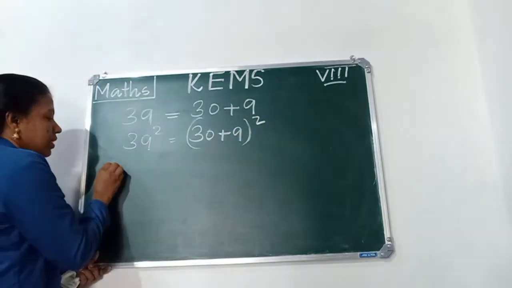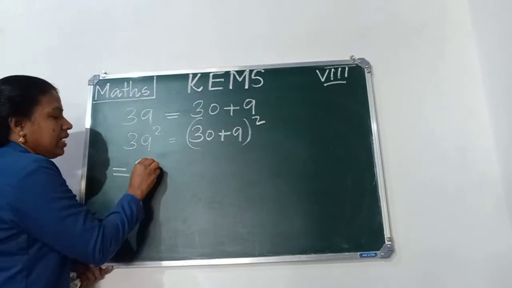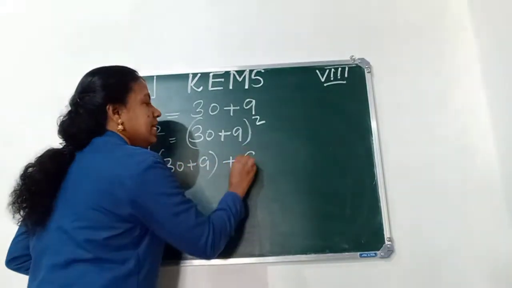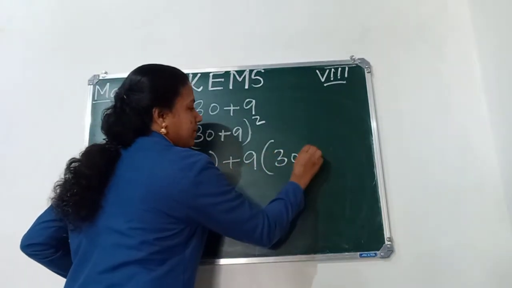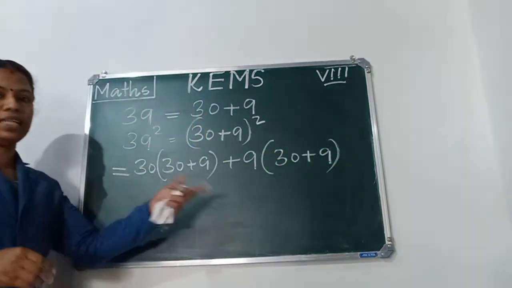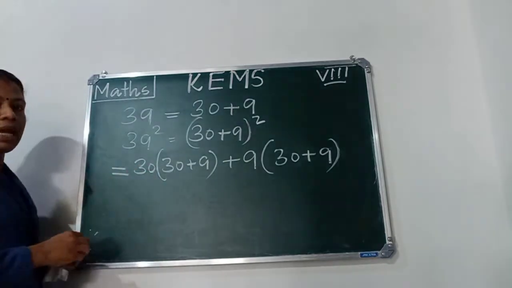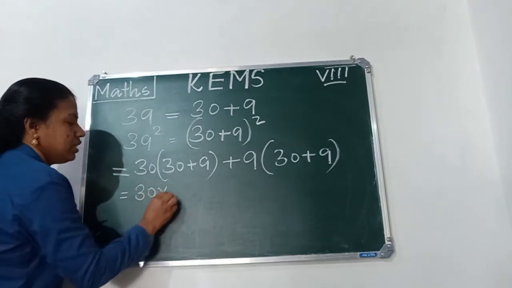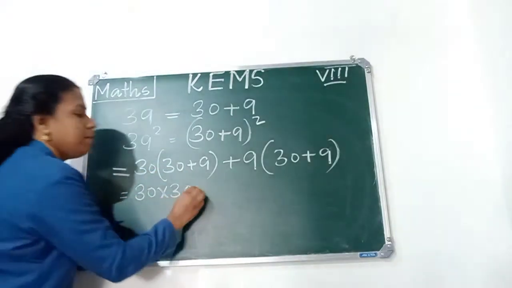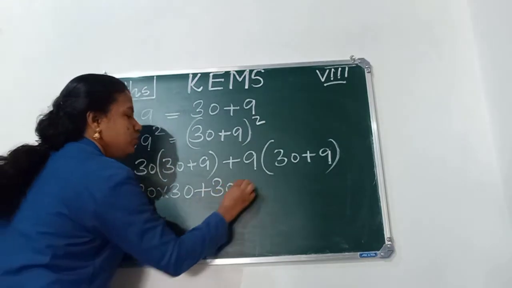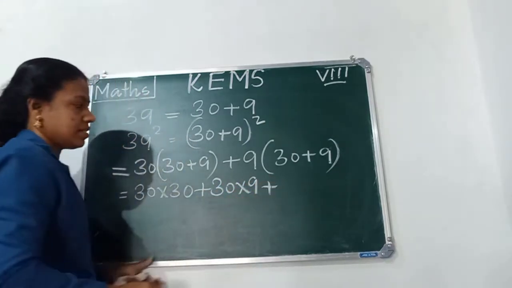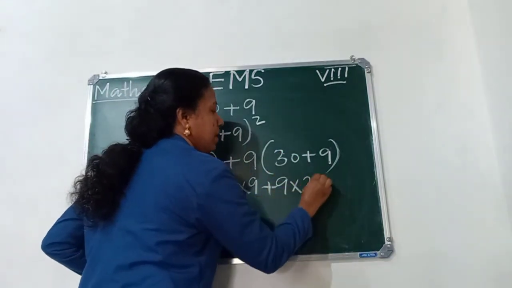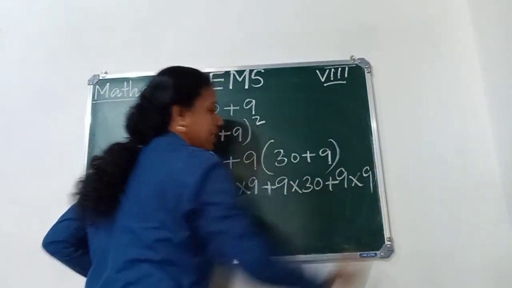Whole square can be written as 30 into 30 plus 9, plus 9 into 30 plus 9. Now just expand the brackets. 30 into 30, plus 30 into 9, plus the second expansion 9 into 30, plus 9 into 9.